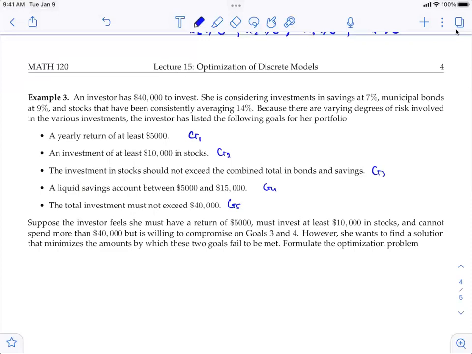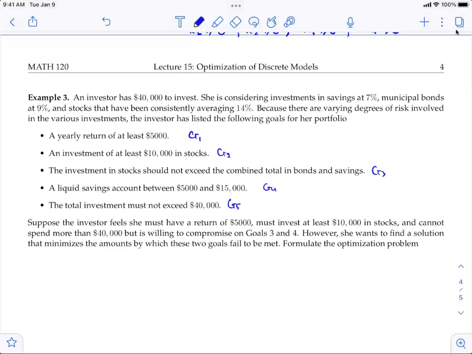So there are 5 goals, and in general, she wants to make some investment, right? So there are 3 types of investment that she can make. She can put that in the saving account, she can buy bonds, and she can buy stocks, right? And she has certain conditions that we need to follow, right? A yearly return of at least $5,000, an investment of at least $10,000 in stock, and the total investment must not exceed $40,000.